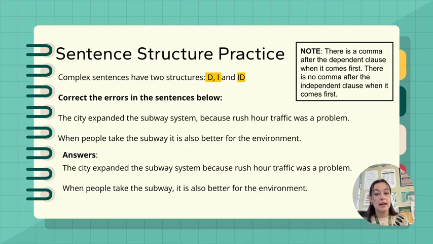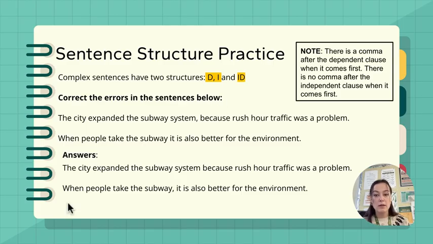Because is a subordinating conjunction. So right here, because rush hour traffic was a problem, that's a dependent clause. And if we look right here, this is an independent clause. So the city expanded the subway system. That could be a period on its own and it would be grammatically correct, okay? So because we have an independent clause that then has a dependent clause that follows, there's no comma, and we are looking at that independent-dependent sentence structure.